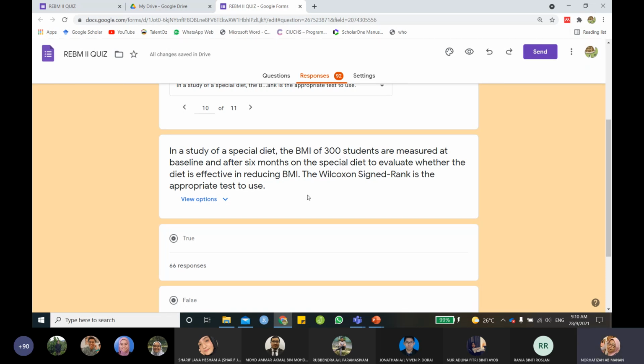But in most of the questions, we have a hint whether it is parametric or non-parametric. Even if we are not given a hint, it means the option must be a similar test, for example parametric.